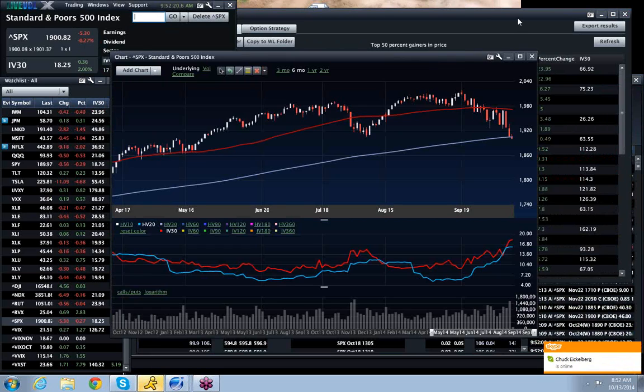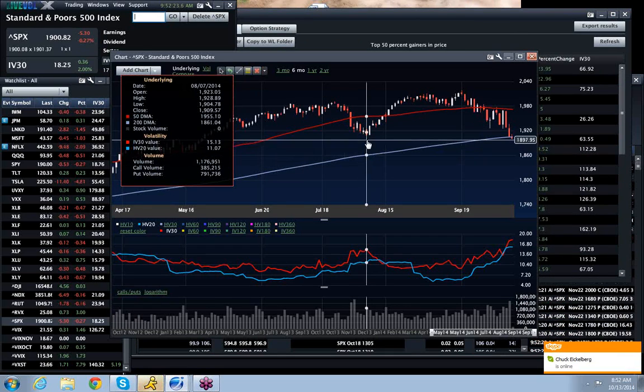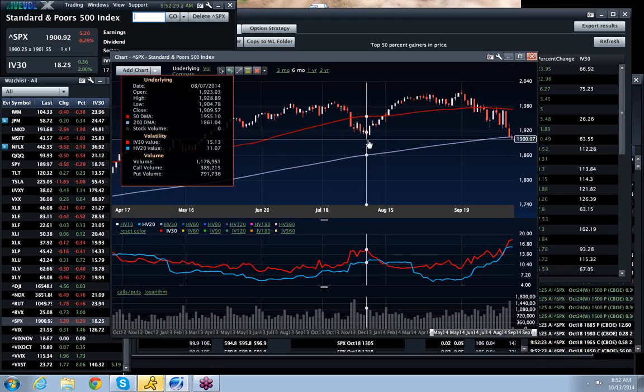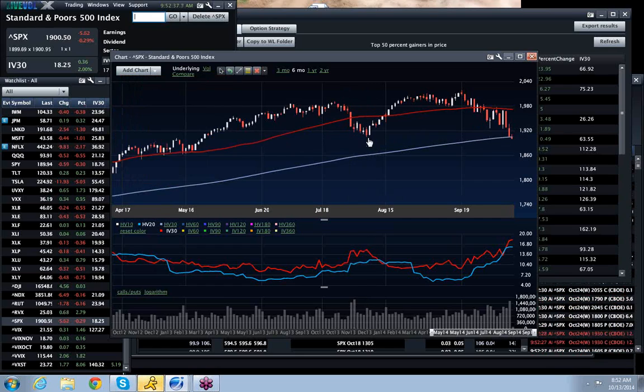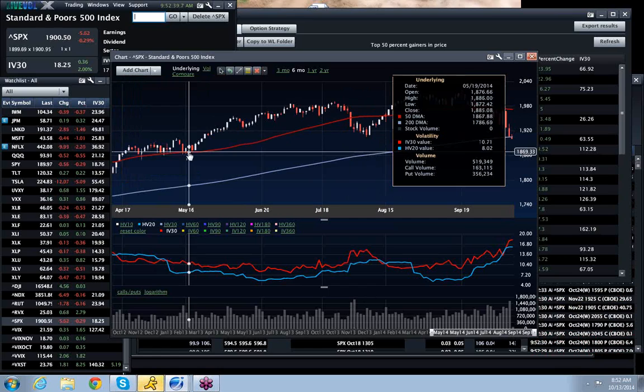Now, there are some other resistance levels besides that 200-day moving average. From an intraday standpoint, there is a resistance level of, I believe the low, we're right here at that 1904 level.